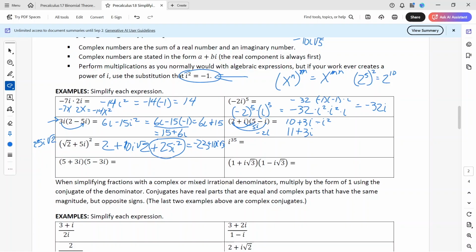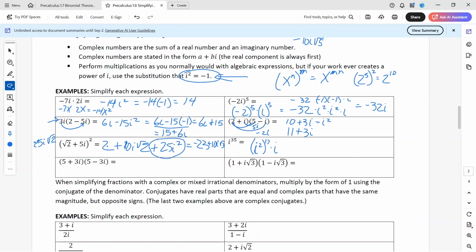With that in mind, 1 less than 35 is 34. Make sure it's even, and then call this i squared to the 17th power. And remember that power of powers rule. That's why I went back to the even number before 35, so that I could take a power of i that would make the even power 34th, but still times another i.